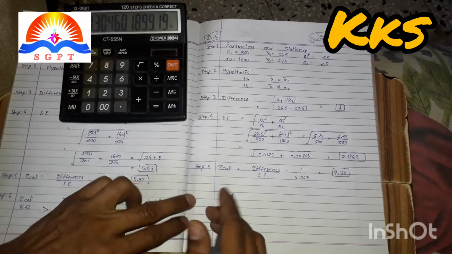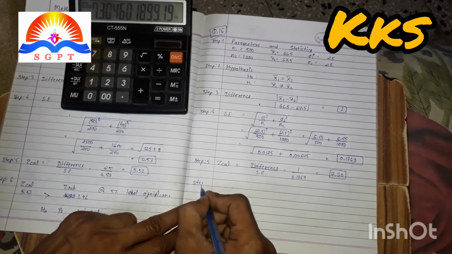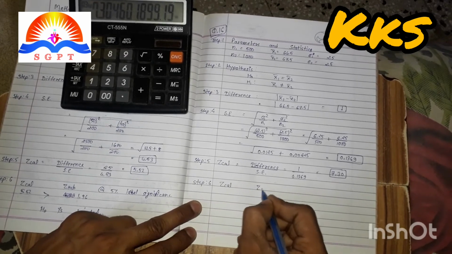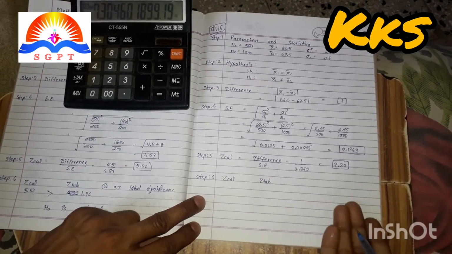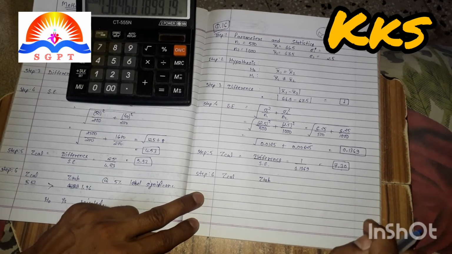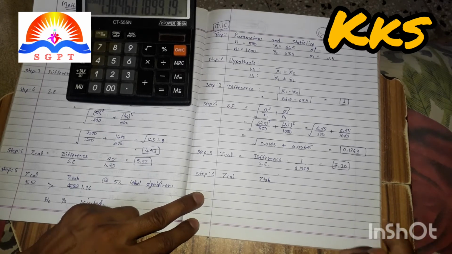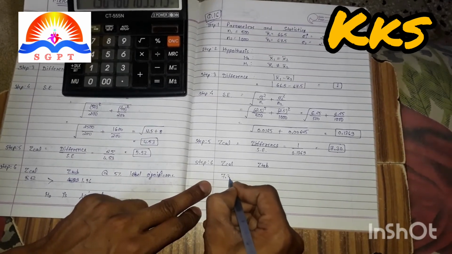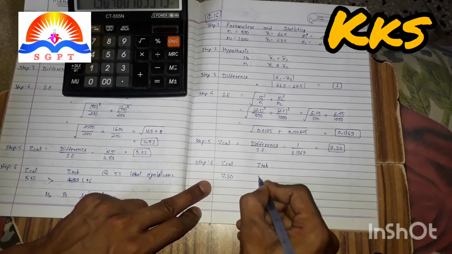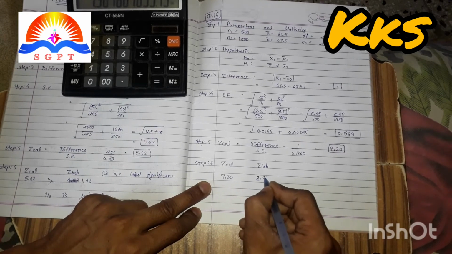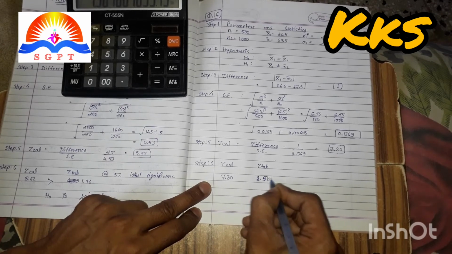After that you have to compare ZCal with the Z tab at any level. This will be rejected because at our 1% level 2.58 is allowed and at 5% 1.96 is allowed, but here ZCal is 7.30.